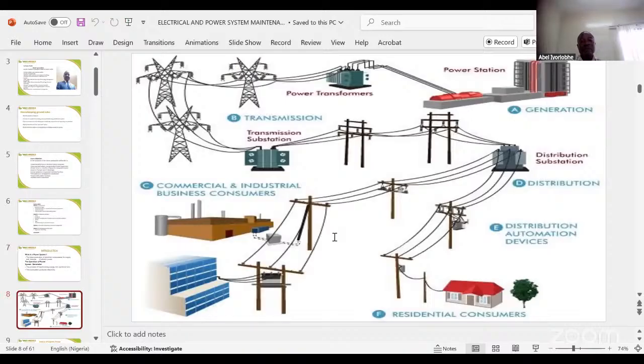So, like the brief introduction I made to you, this is the layout. We have the generating power here. That's the power station, like the small generator I made mention of.